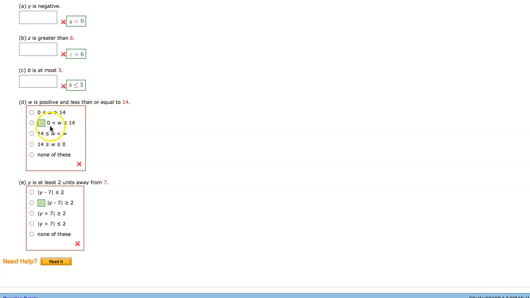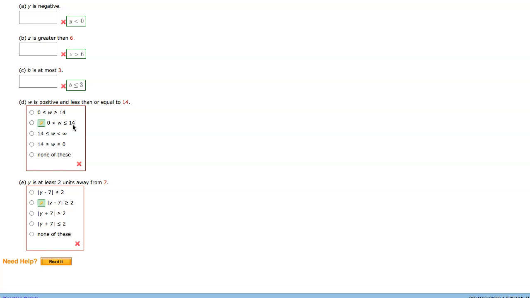So we're wedging w such that w is strictly above 0. w is strictly positive. w cannot be 0. It's strictly positive, and w could be 14, but w cannot go any further than 14. Like w could not equal 14 and a half or something.